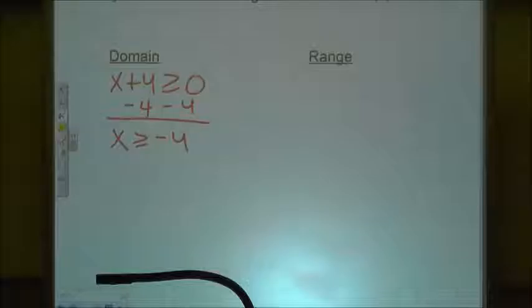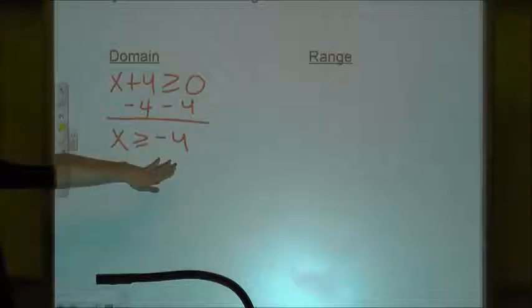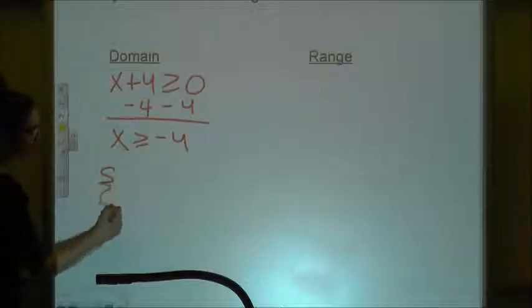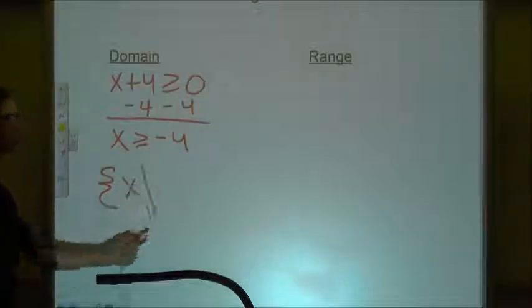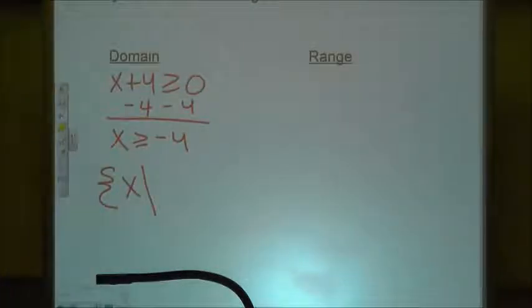But as you saw on that last slide with the parent function, they write domain a little funny. So how you write it is you put an open brace, you put an x, because we're talking about the x value, and you put a line.